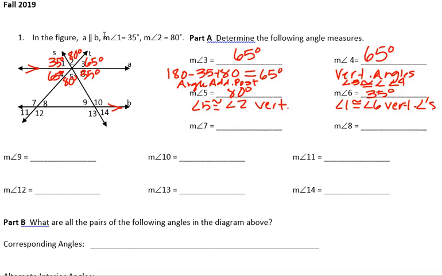Then we have angle 7. I noticed that angle 7 and angle 4 are supplementary because they're same side interior. So I could say that the measure of angle 4 plus the measure of angle 7 equals 180 because they're same side interior angles.